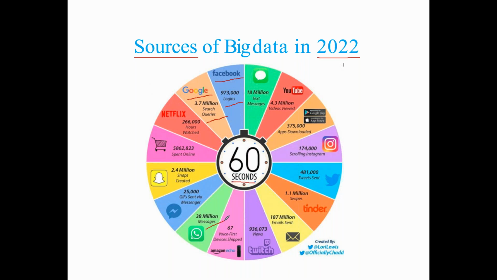Again, remember that all this is happening within just 1 minute. Even Instagram claims that a lot of posts are being made, and many apps are being downloaded from Play Stores and App Stores. Even YouTube claims that 4.3 million videos are being watched.